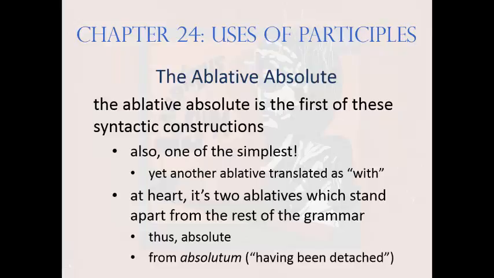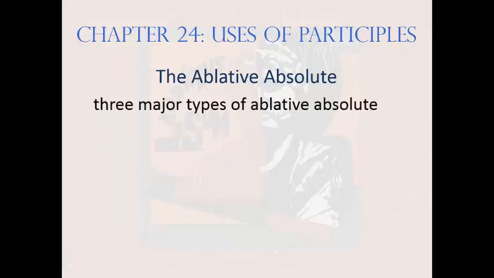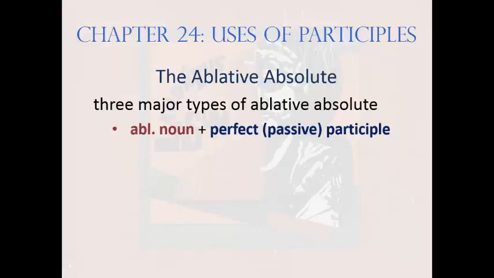Let's talk about how ablative absolutes are formed before we explore why they have to be detached from the grammar of the main sentence. The why will make more sense after you've seen the how. There are 3 major types of ablative absolute. The type found most often in Latin uses an ablative noun and an ablative perfect passive participle, creating a phrase that translates literally into English as with the noun having been verbed.